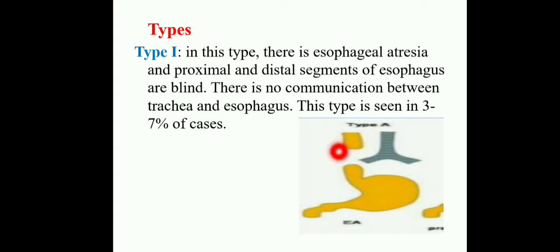This lower part, the distal part of the esophagus, is also a blind pouch. This is the first type. All of you clear? The percentage it involves is 3 to 7% of cases. This is the type 1 TEF condition.